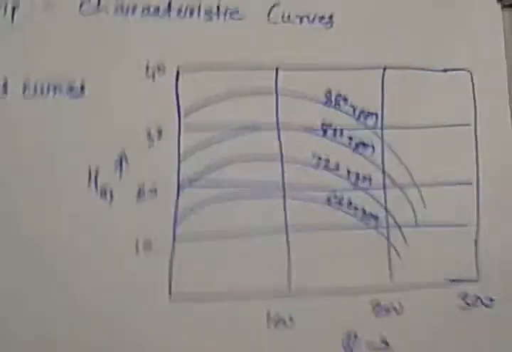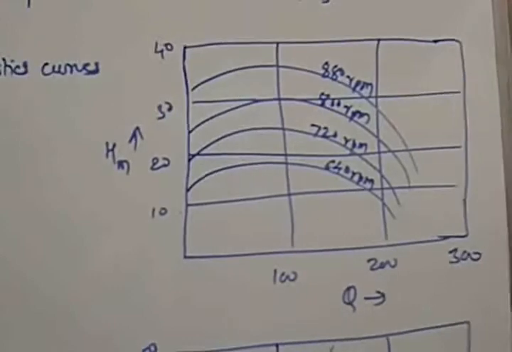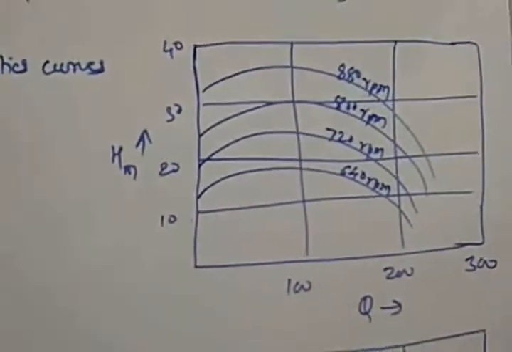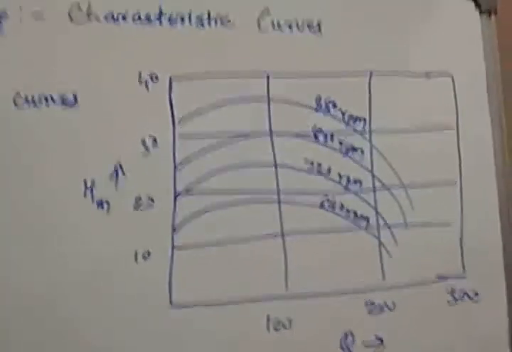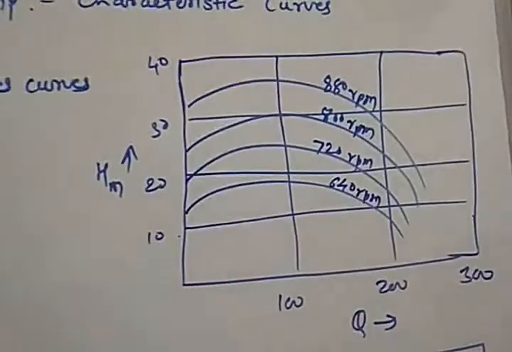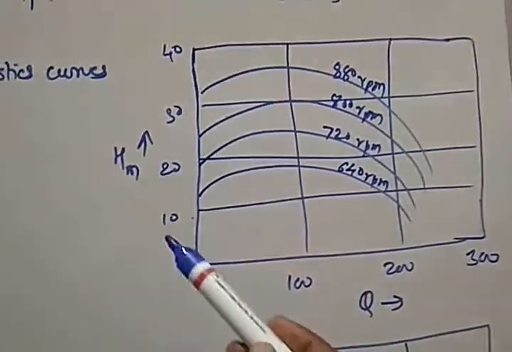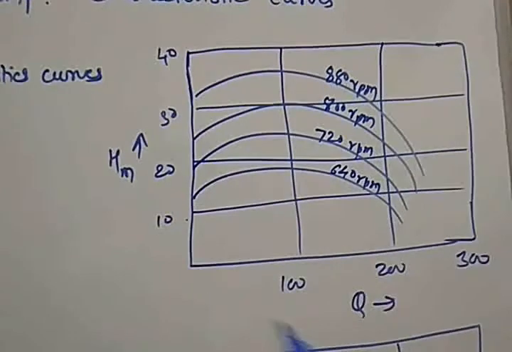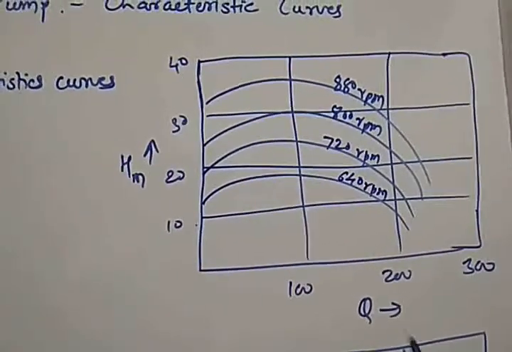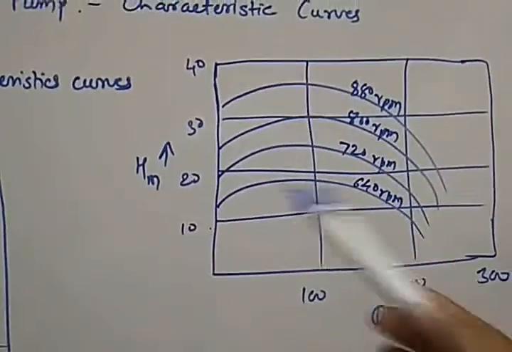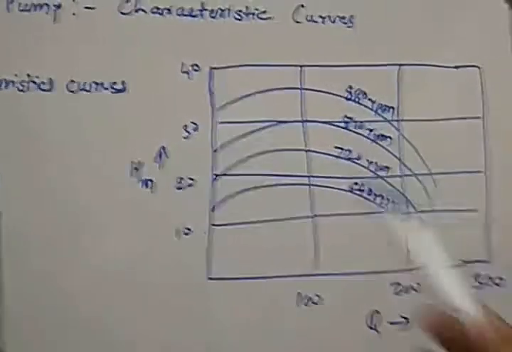The first graph is manometric head versus Q. Here you can see the manometric head is on the y-axis and Q is on the x-axis. These are the curves for different speeds.